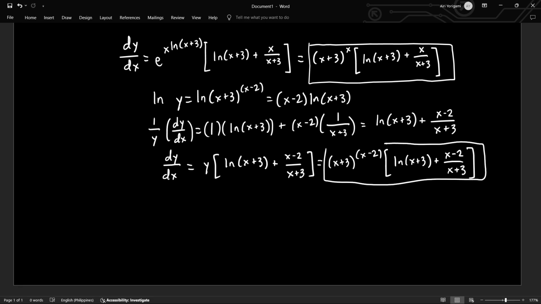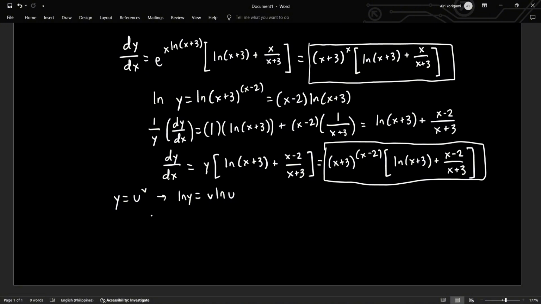Now, if you guys can see a pattern here, there's actually a pattern here. So, let's make it more general. Let's say y equals u raised to v, where u and v are also functions of x. So, we can say that ln y is equal to v ln u.